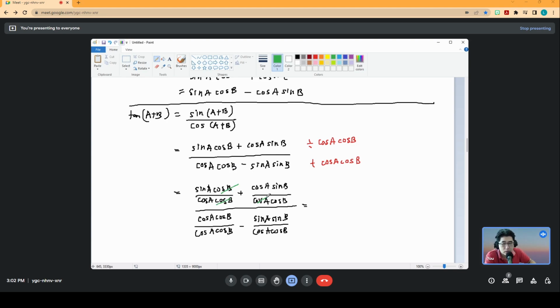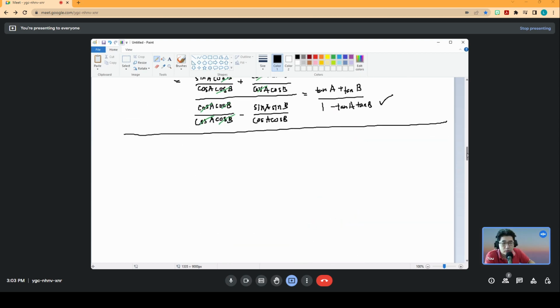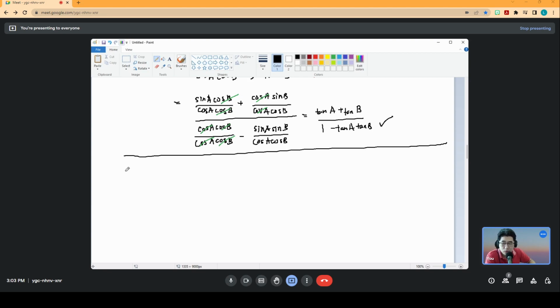Cancel, cancel, cancel. And I will get tangent A plus tangent B over 1 minus tangent A tangent B. That's the answer. Whatever proof we are showing here can appear as a P3 question.